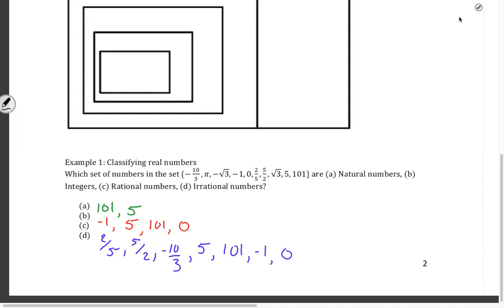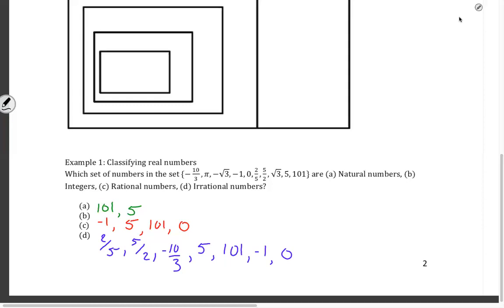The last one says irrational numbers. There are 3 irrational numbers. Nick, can you give me all 3 of them?